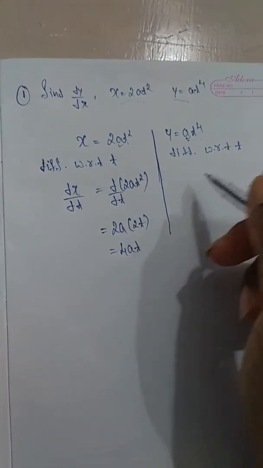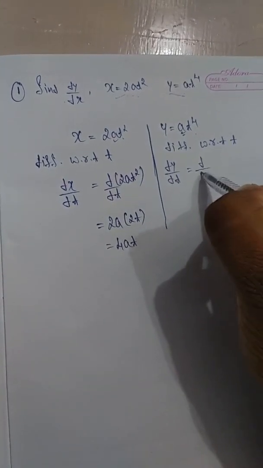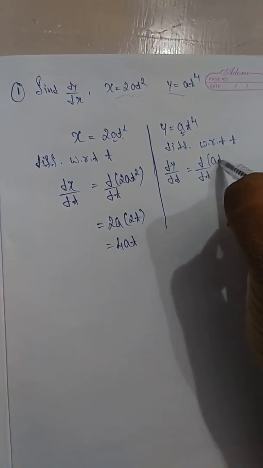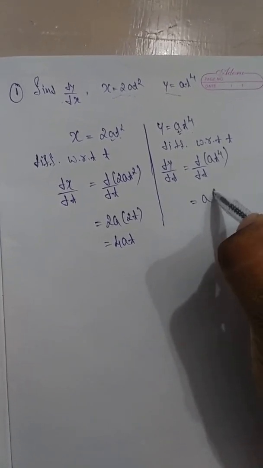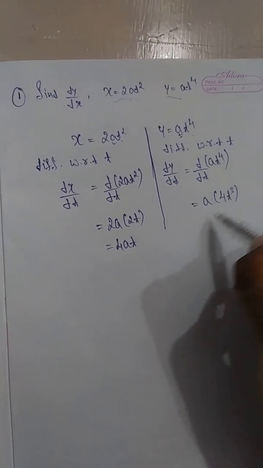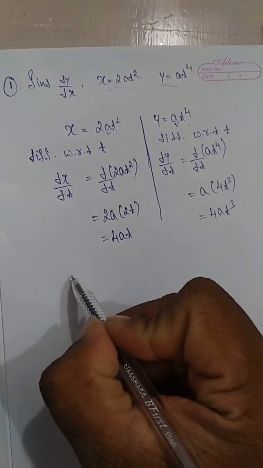Now dy by dt is equal to the differentiation of at to the power of 4. Here a is a constant. What is the differentiation of t to the power of 4? 4 into t cube. So 4at cube. Now you want to find dy by dx.